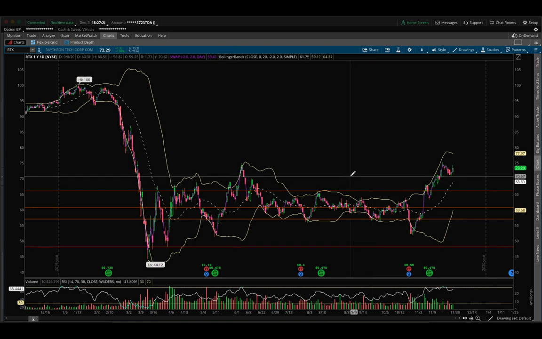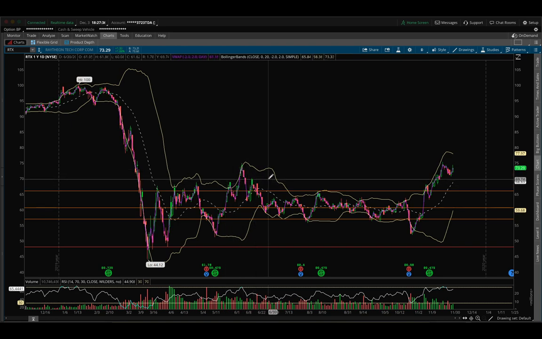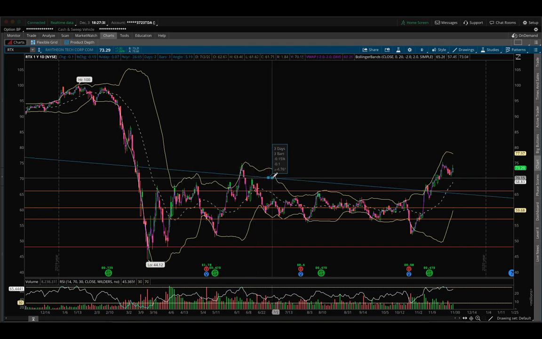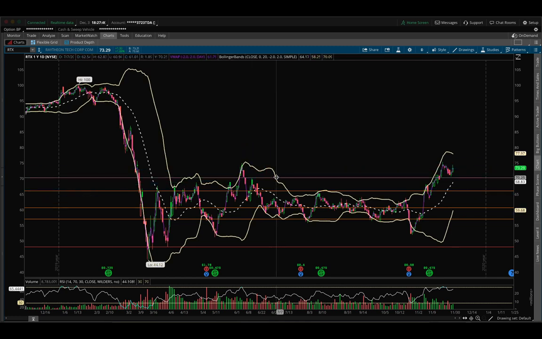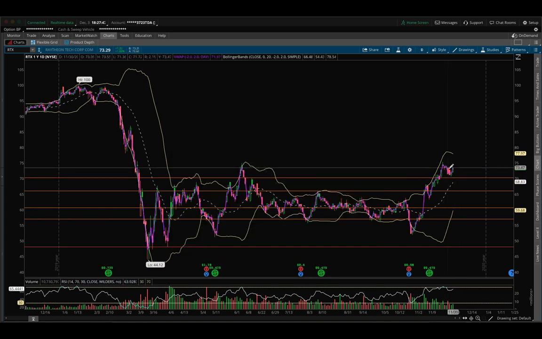That's why you're seeing it bounce off of 70 here, because it has price action above $70 here and a lot of it right below. So you can say that was another resistance level that it had to break through, which it did. So now it's bouncing off here, and this is your support level acting as.